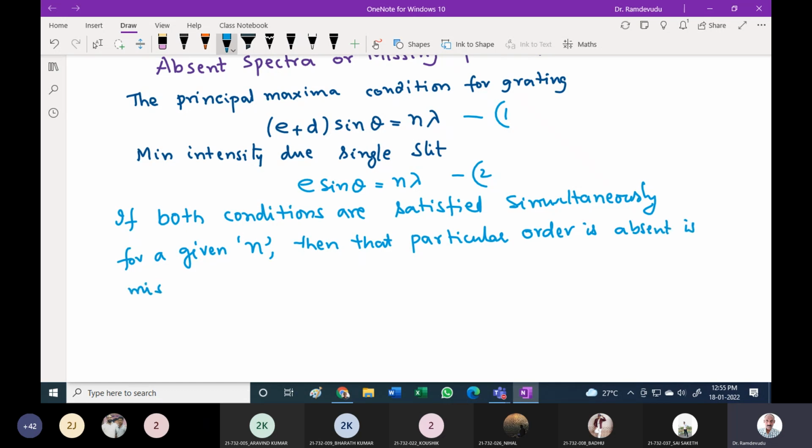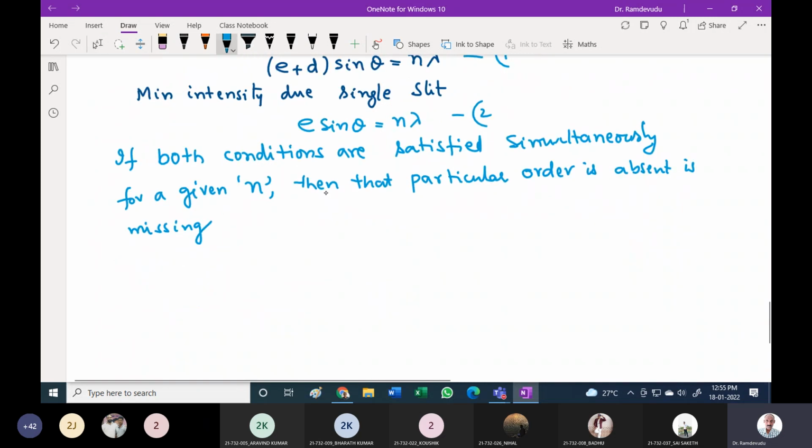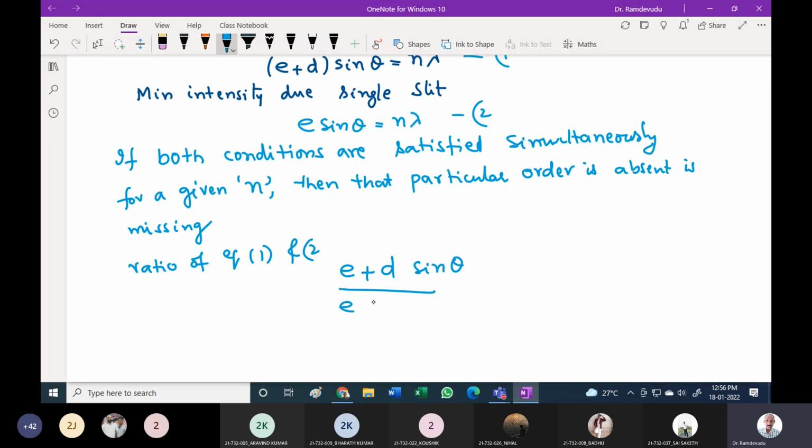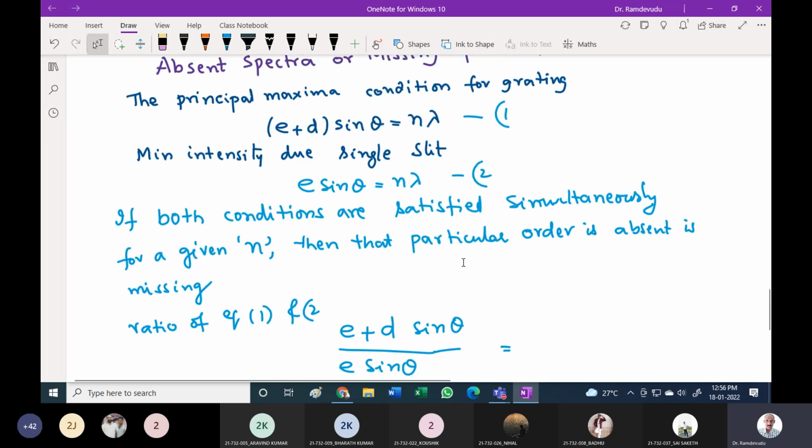But if that particular order is missing, it does not mean that all higher orders are missing. All other orders may be there. Therefore, if I take the ratio of equations 1 and 2, I'll get (e plus d) sine theta by e sine theta is equal to n by m.